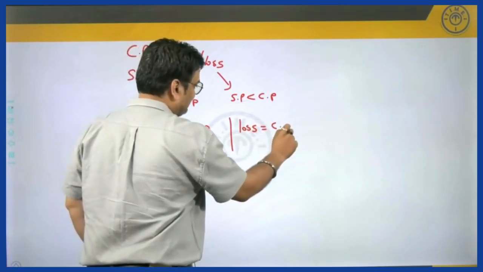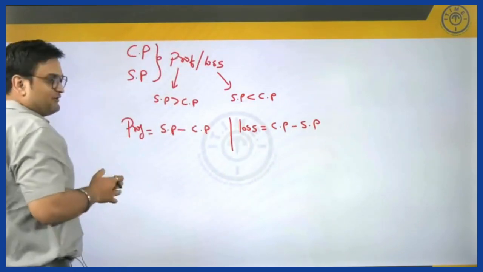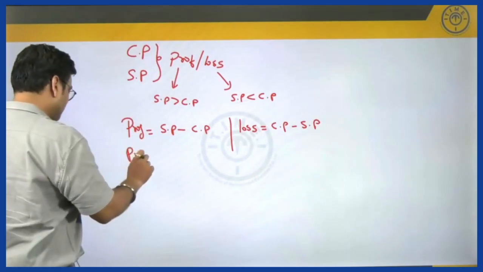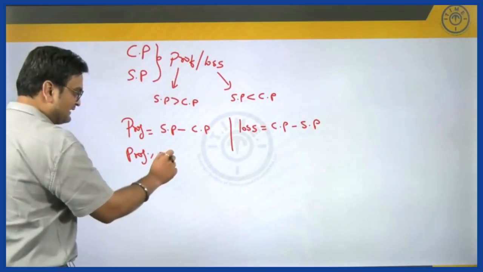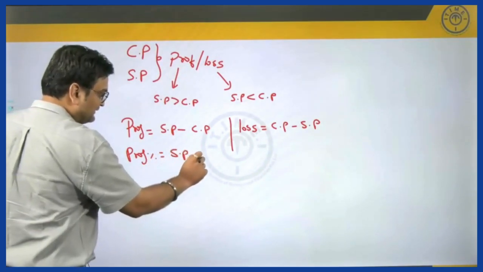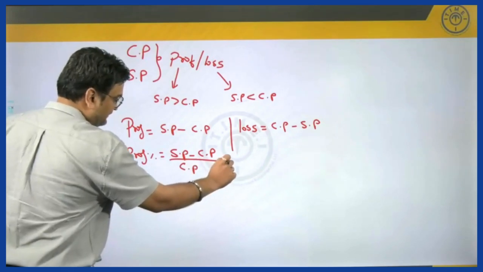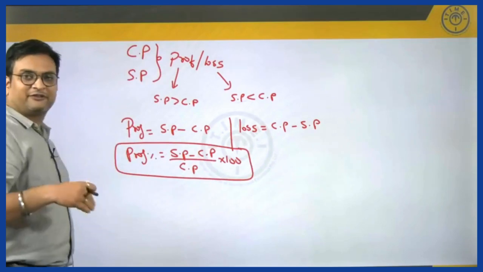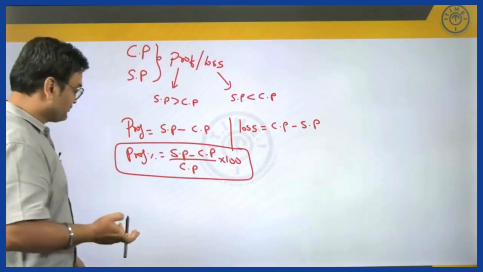CP minus SP. Now we don't just stop at profit and loss calculation, we go one step further, we calculate profit percentage also. So profit percentage is calculated as the profit upon the cost into 100. This is the formula that we use for calculating profit percentage, but this formula can be used in several other forms also.